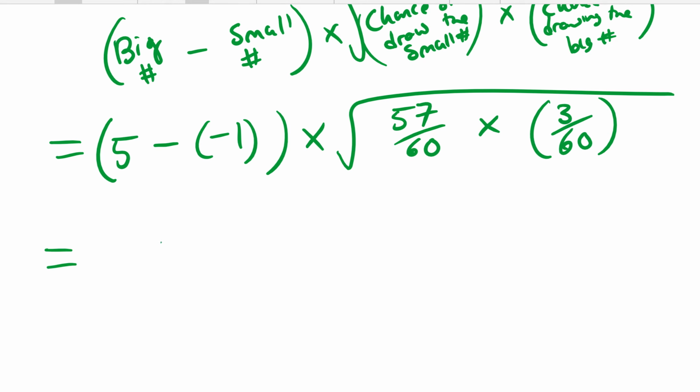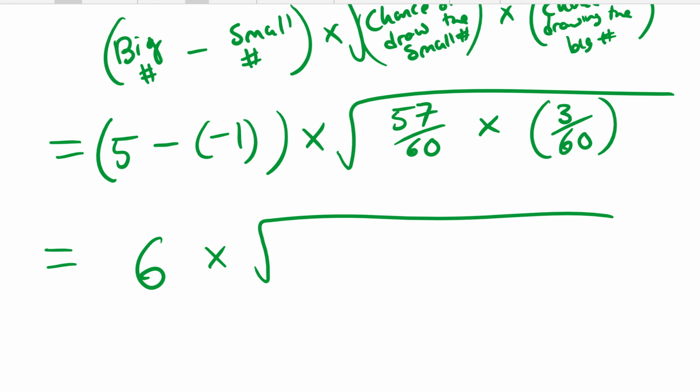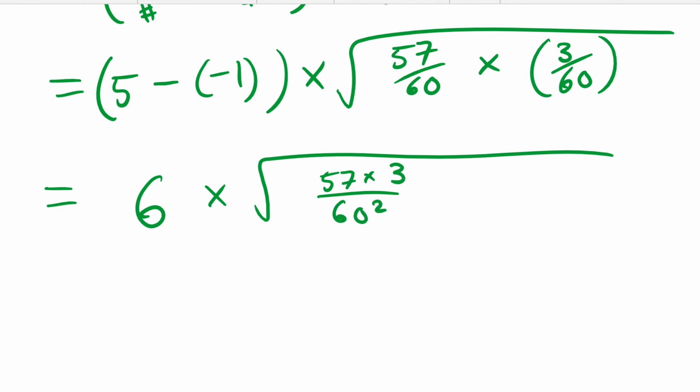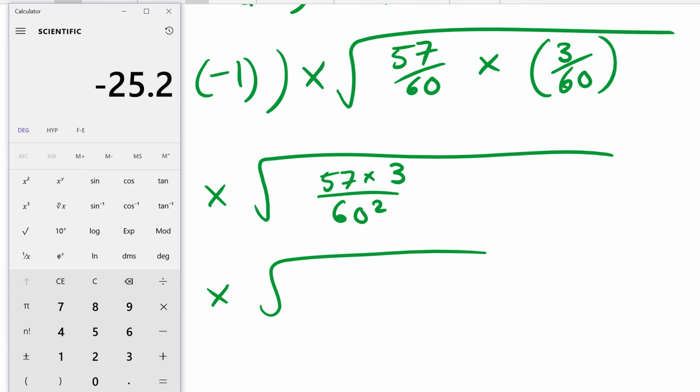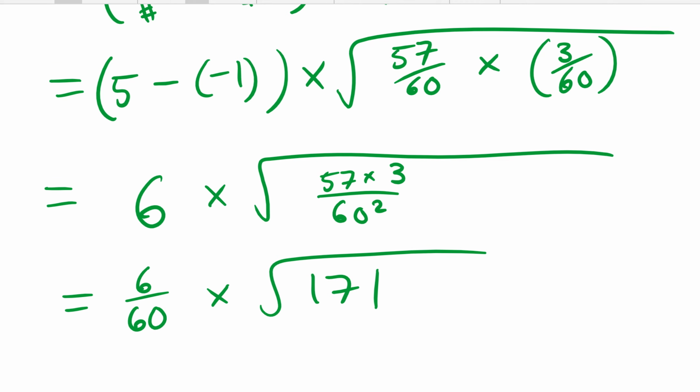5 minus minus 1 is plus 6 times the square root of 57 times 3 divided by 60 squared. You can plug this into your calculator directly, but I know the square root of 60 squared is 60, so we have here 6 over 60 times the square root of 57 times 3, which is 171.